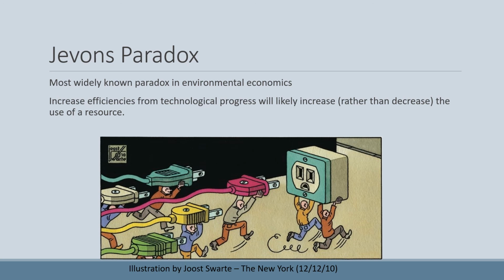What happens a lot of times is that if we make something efficient, basically the price goes down. And typically when the price goes down, we're more likely to purchase it. And you can also think about this if you go to the grocery store. If something is on sale that you really enjoy, sometimes it's hard to fight the inclination to buy a lot of them.